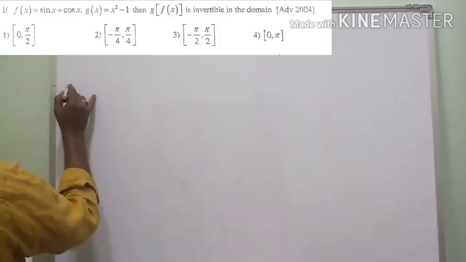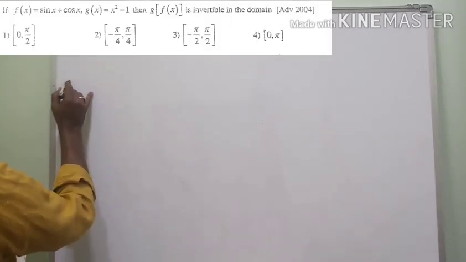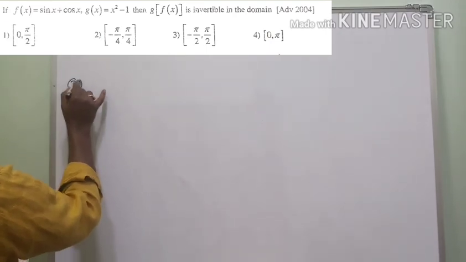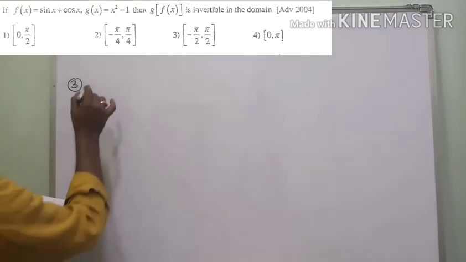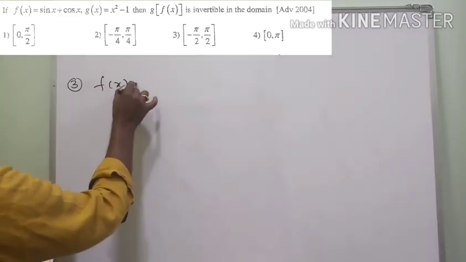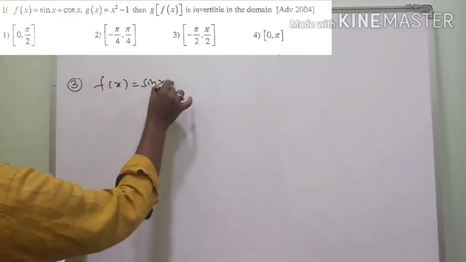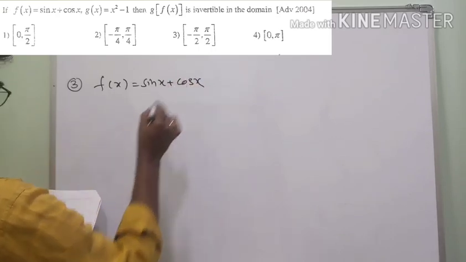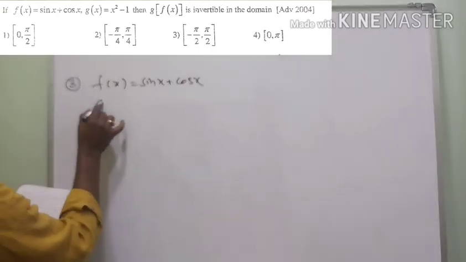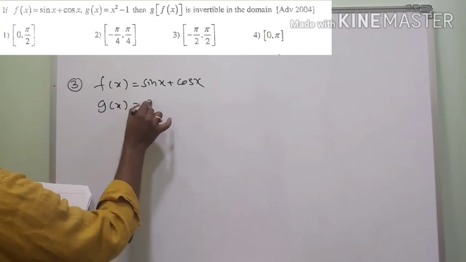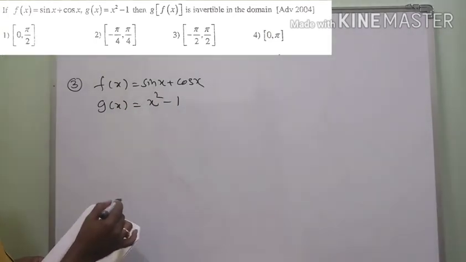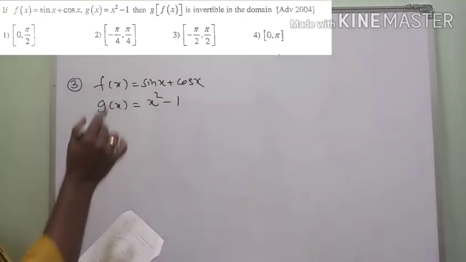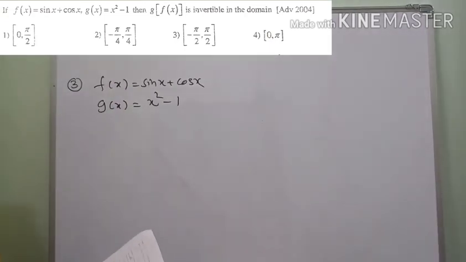Right. Question number 3. F of x is equal to sin x plus cos x and g of x is equal to x square minus 1. Then g of f of x is invertible in the domain.